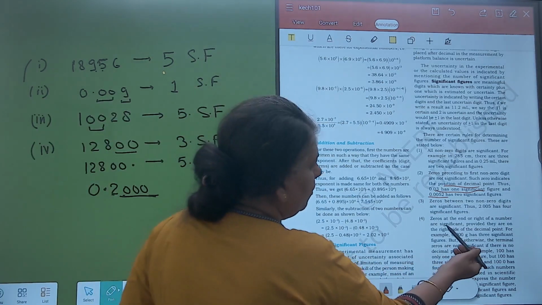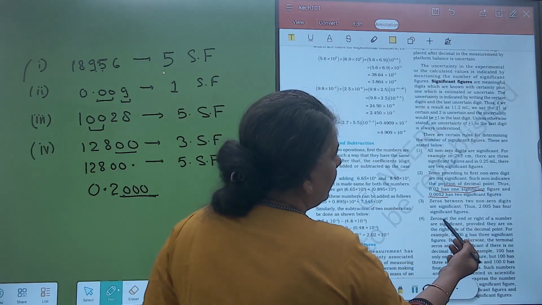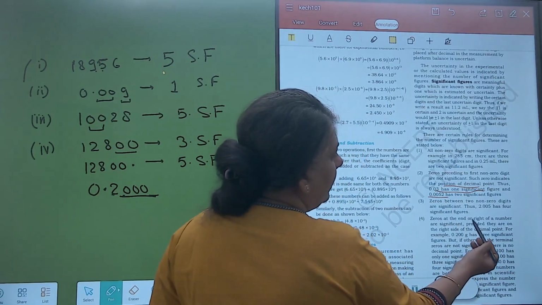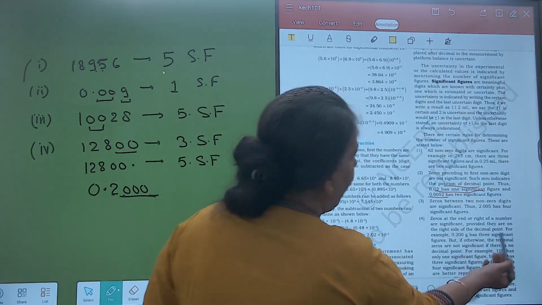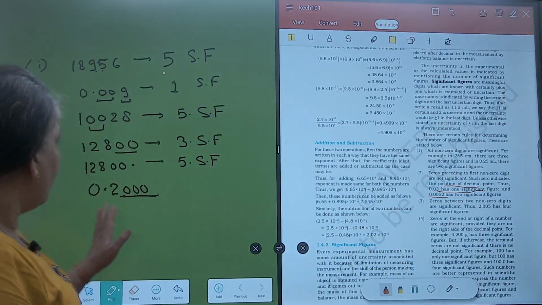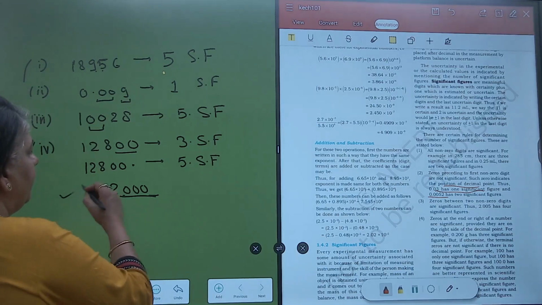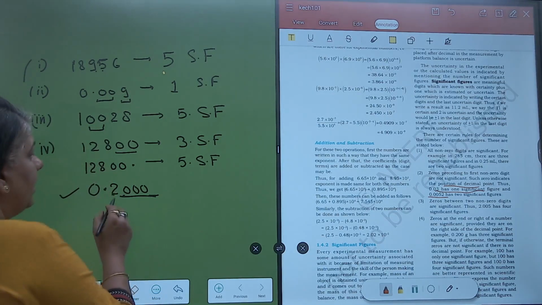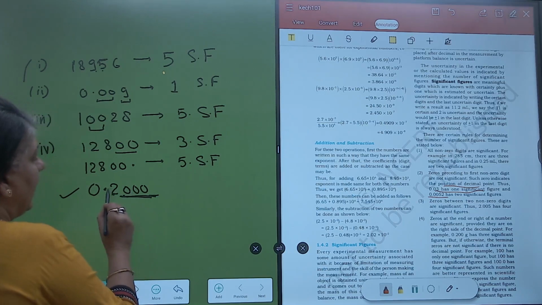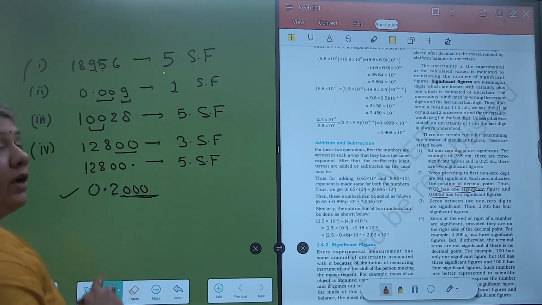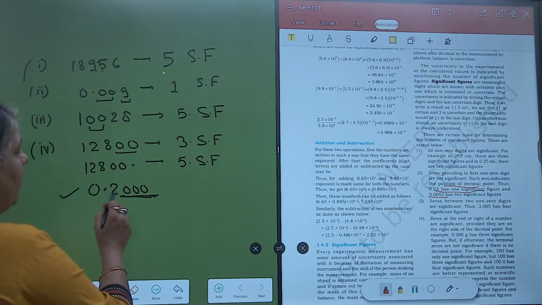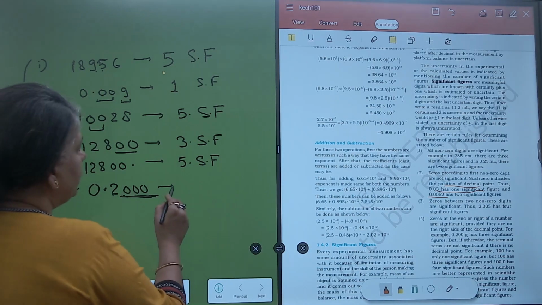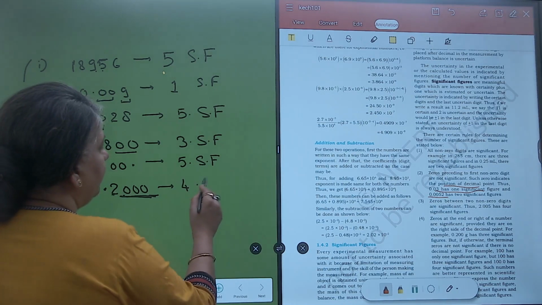So in this particular example, two things must be considered: that these zeros are on the right of the number and also on the right of the decimal. Hence, there are 1, 2, 3, 4 significant figures.